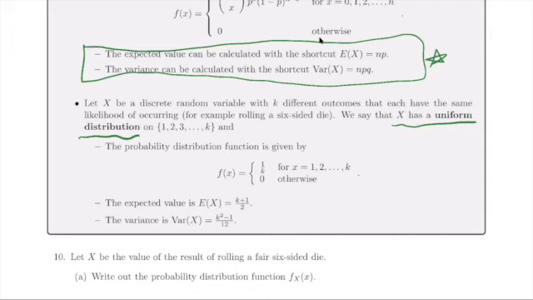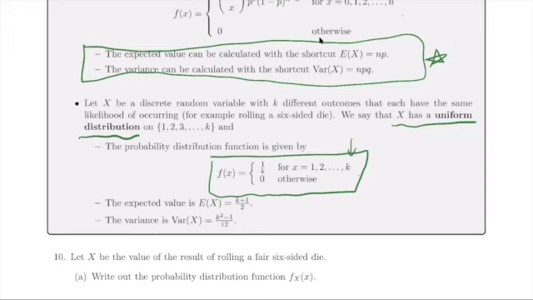A uniform distribution is when all of the outcomes have an equally likely chance of occurring. So a very typical situation is rolling a 6-sided die, which is fair. It's equally likely that the die lands on 1, 2, 3, 4, 5, or 6. And so when that happens, the probability distribution is saying, well, how many outcomes are there?